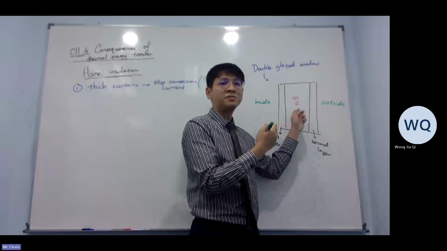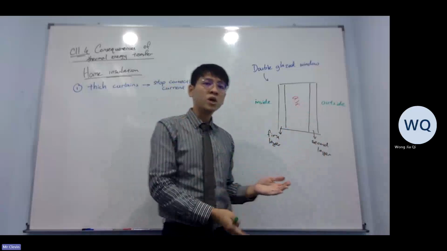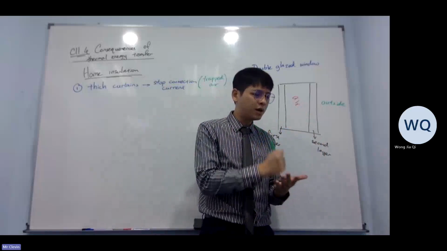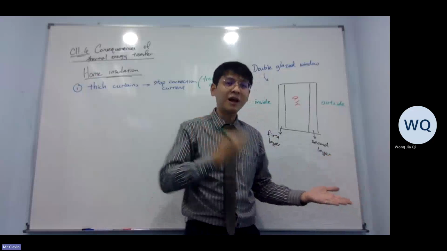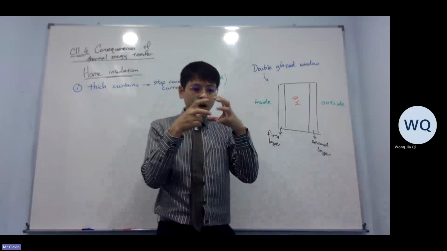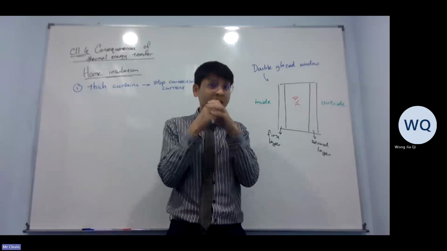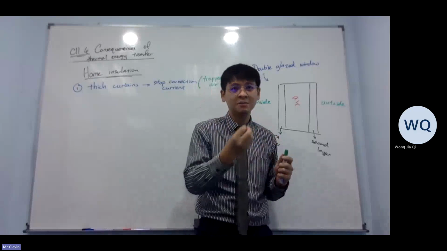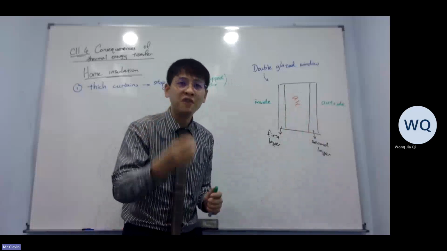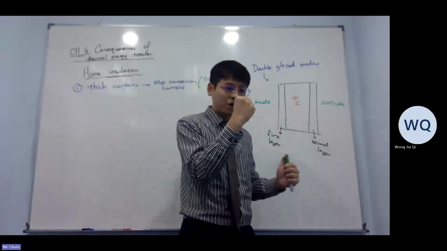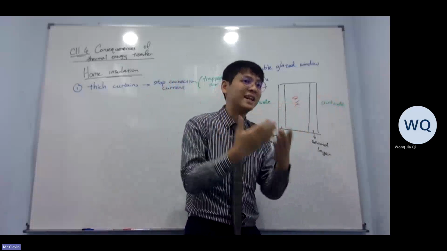Why is it air? It's because we know that a poor thermal conductor is glass wool, correct? In glass wool or wool, there will be a lot of trapped air inside. When there's trapped air, there are fewer molecules. Whenever there are fewer molecules, the vibration from one molecule hitting another molecule is less.